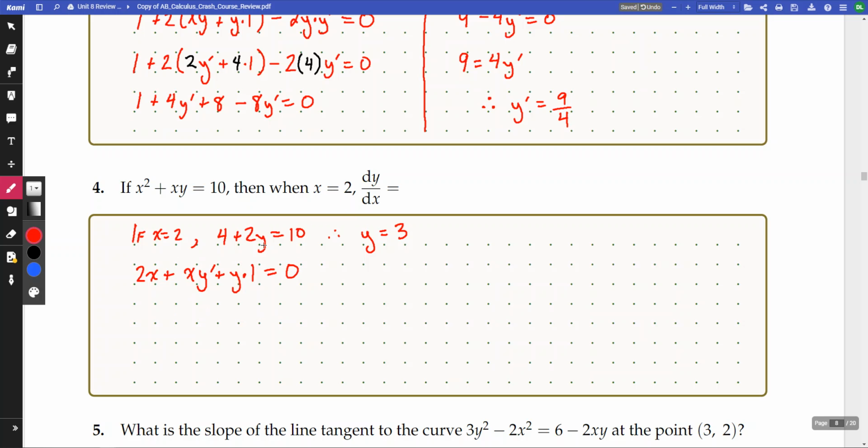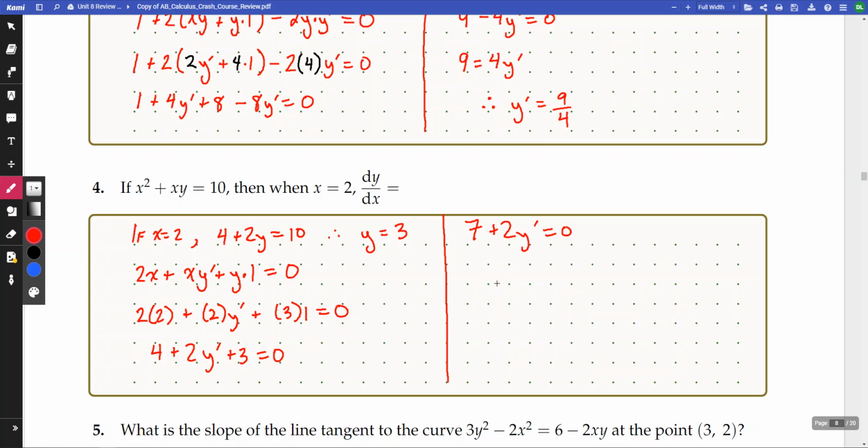So I know x is 2, y is 3, so 2 times 2 plus x is 2, times y prime plus y is 3 times 1 equals 0. So 4 plus 2y prime plus 3 is equal to 0. If I continue with my work, that means that 7 plus 2y prime is equal to 0.